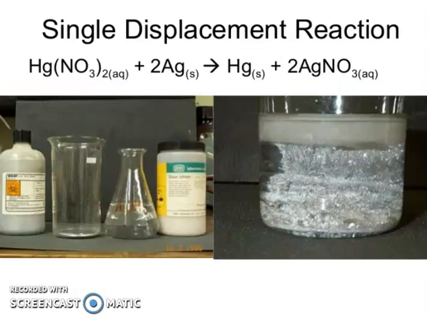Single displacement reaction example: silver nitrate, mercuric nitrate and silver, which is solid. It replaces the mercury and forms silver nitrate. So you have all the chemicals here and you have the product here.